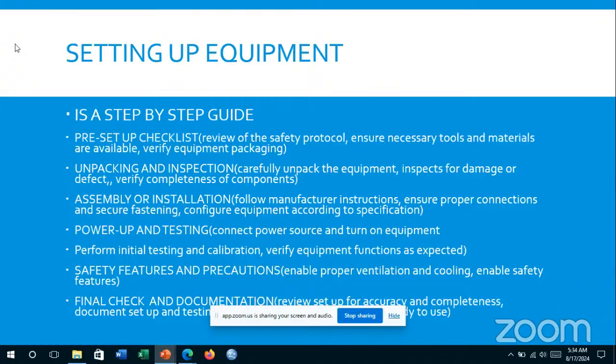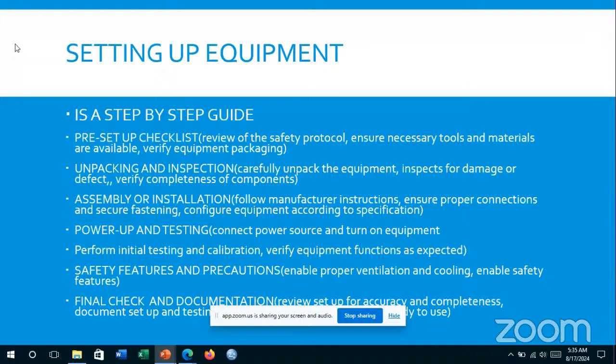There is a lot you need to look into when carefully unpacking. You will remove equipment from packaging materials. You will identify components to see if they are complete, if what is supposed to be there is what you are getting.